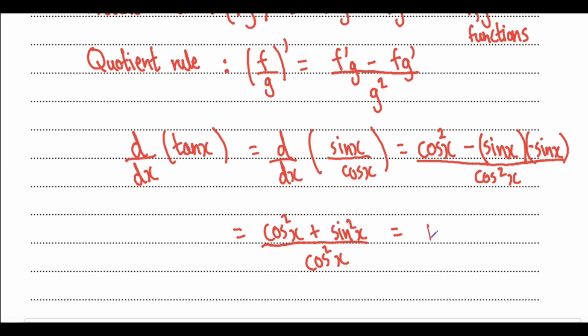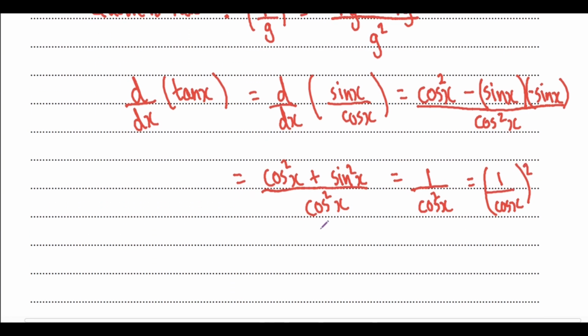That's a very famous identity that you should know. And then 1 divided by cosine squared of x is the same as 1 divided by cosine of x, all squared, because 1 squared is still 1, and that is equal to the secant of x all squared. Secant of x is just 1 over cosine x, and this is equal to secant squared of x.